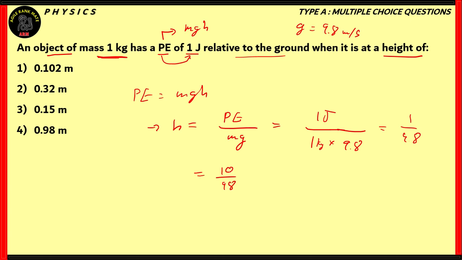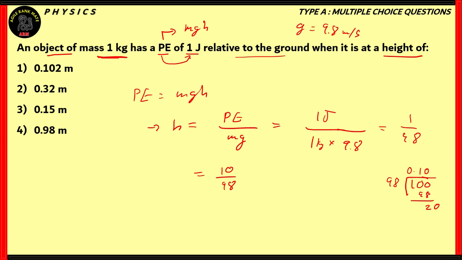Let's remove the decimal by multiplying 10 to both sides, so we get 10 over 98. When we divide 10 over 98, of course, the answer is in decimals, so we'll add a 0 to 10 to make it 100. So 1 times 98 is 98. Remainder is 2. Now again, even if we add a 0, it wouldn't work, so we have to make it 0.10.